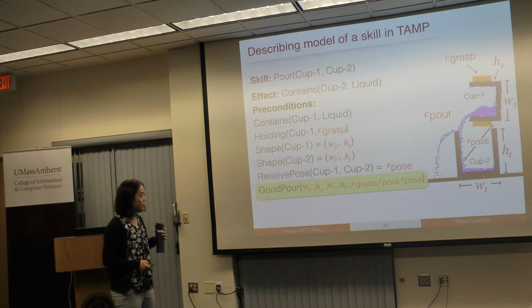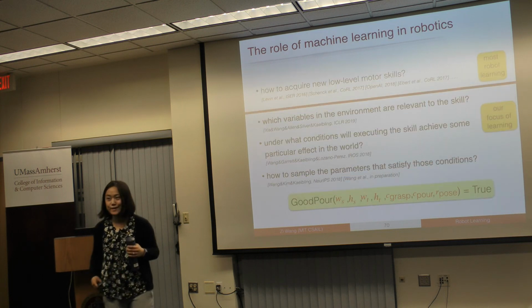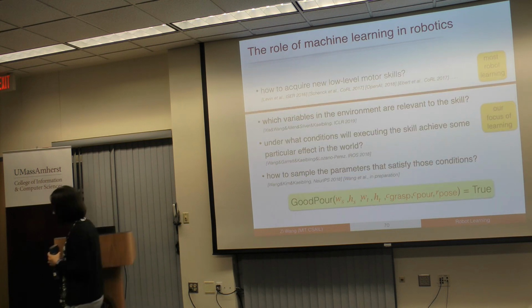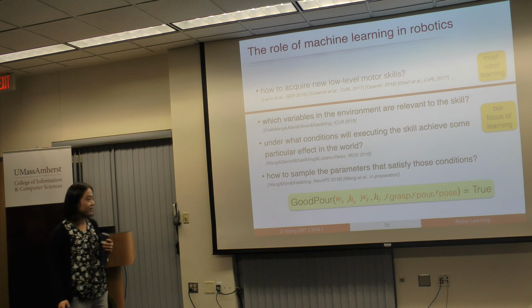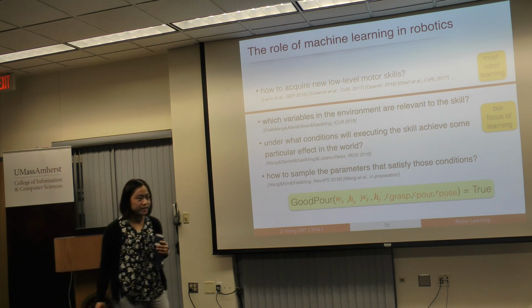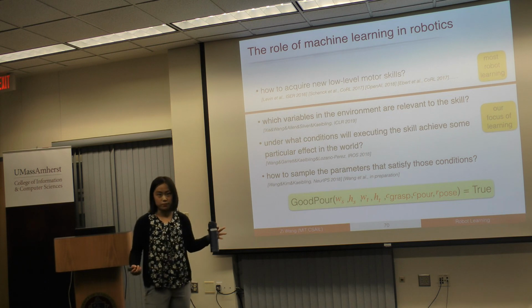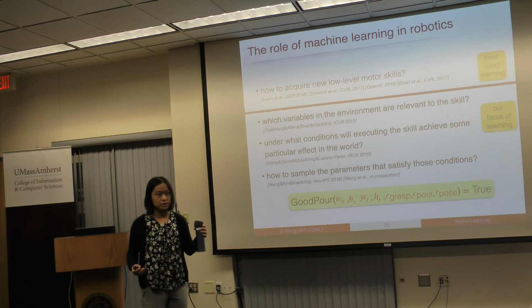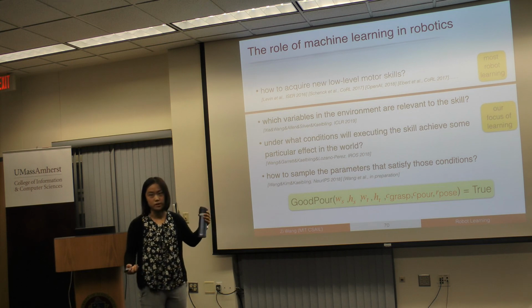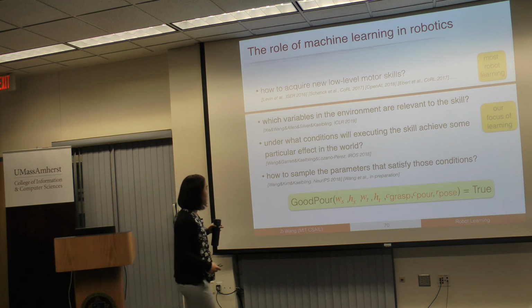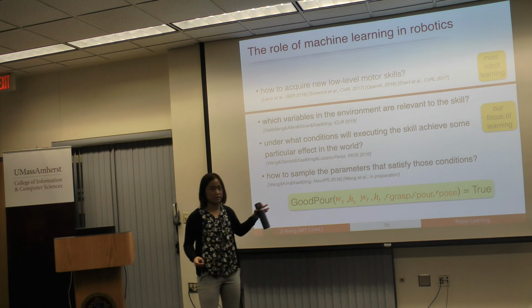So how is this related to all the Bayesian optimization stuff we've seen so far? It's really about how we can actively learn these types of models. Because if you think about learning these precondition and effect models, we're really trying to capture all these conditions.